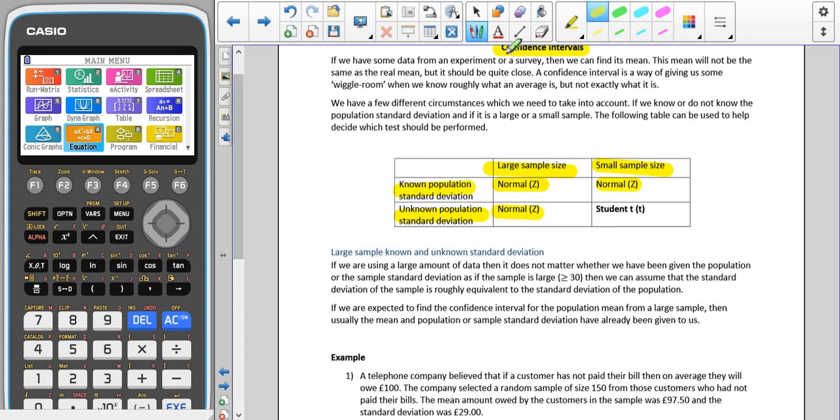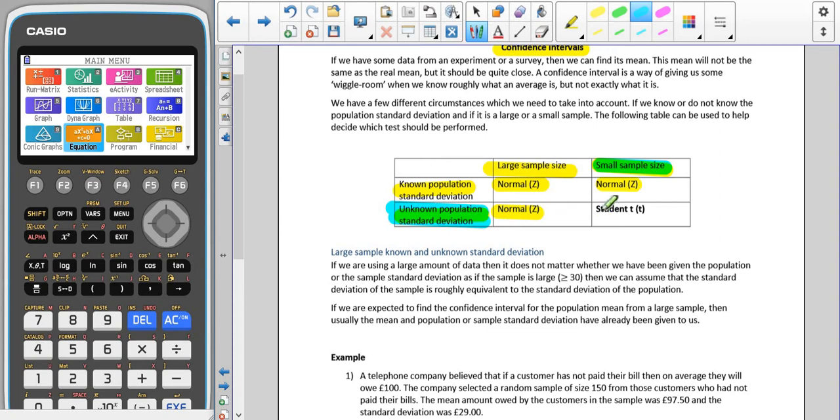There is a second test, and this is when we have a small sample and we have an unknown population standard deviation. Now, the issue that we have here is because the sample is small, we cannot assume that the sample standard deviation is going to be close to the population standard deviation.